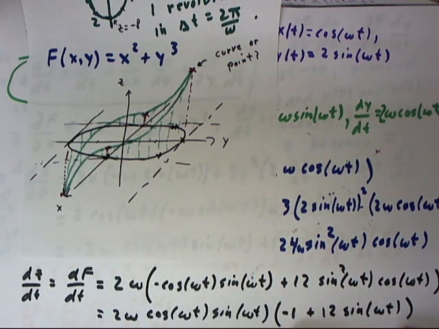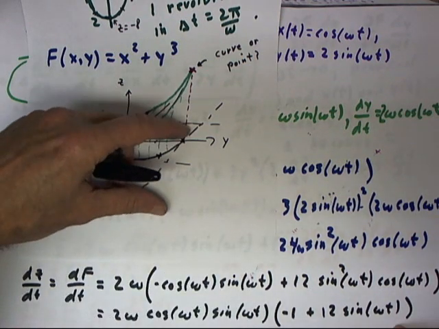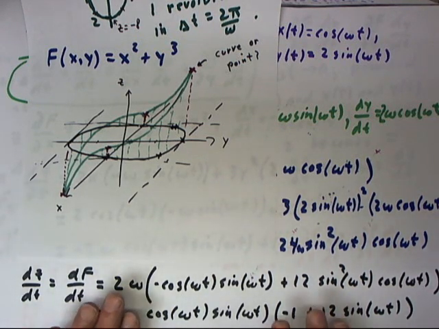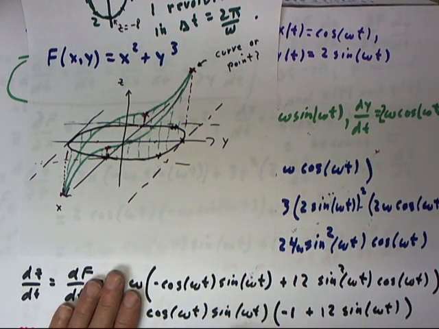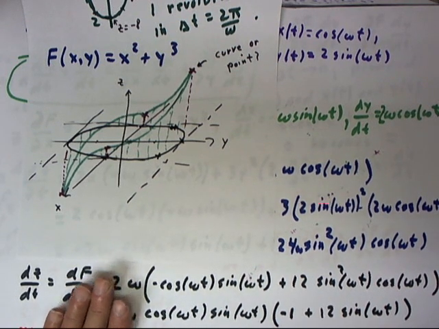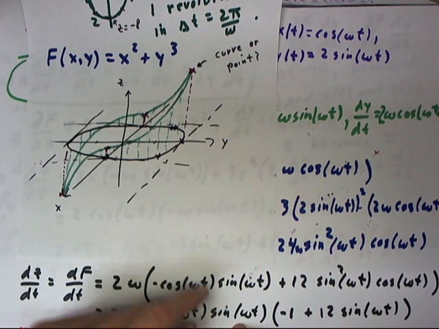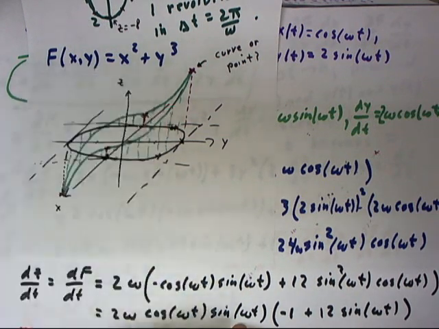So we have something here that in the neighborhood of this point remains nearly constant and can be multiplied by 2 omega to get just another constant. So we have a constant times the cosine of omega t times the sine of omega t. The sine of omega t, as we've just observed, is staying pretty close to 1 in the neighborhood of this point.